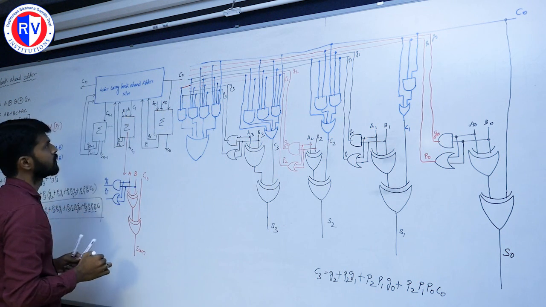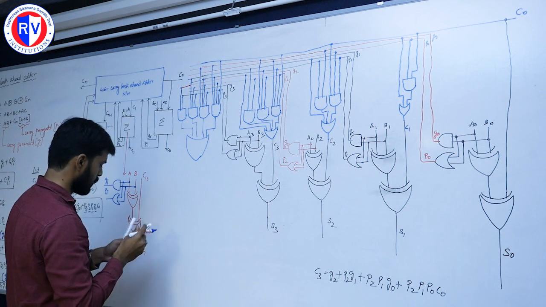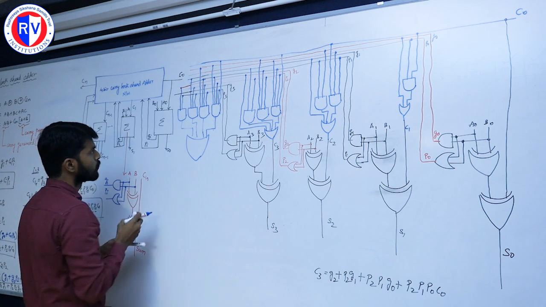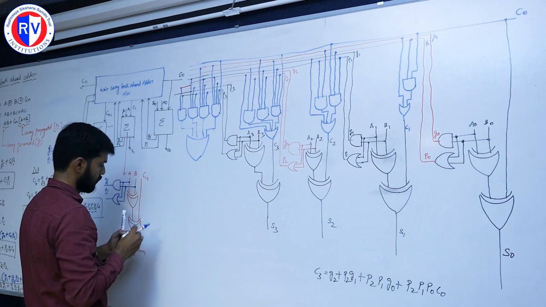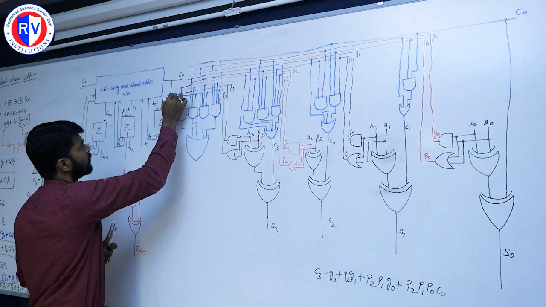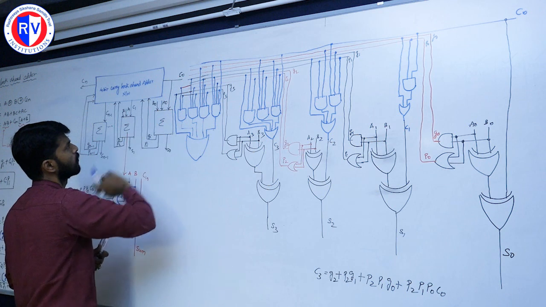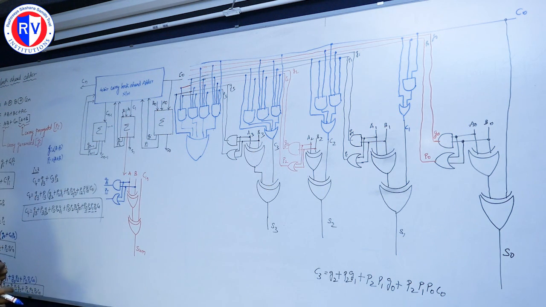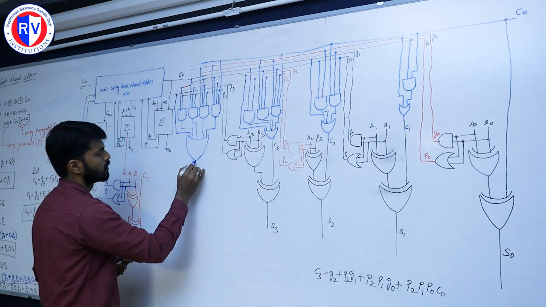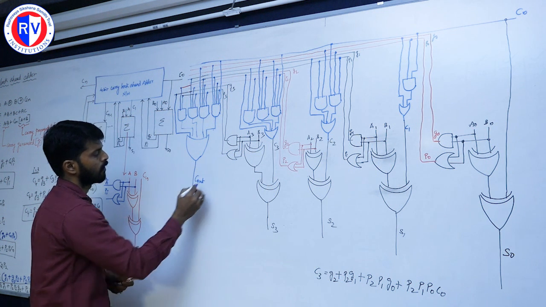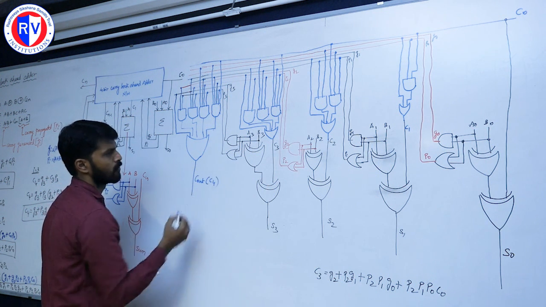Then the last term is the G3. So this G3 gets extended over here. So that G3 gets connected over here. So finally the output of this is C out, or we can say it is C4.